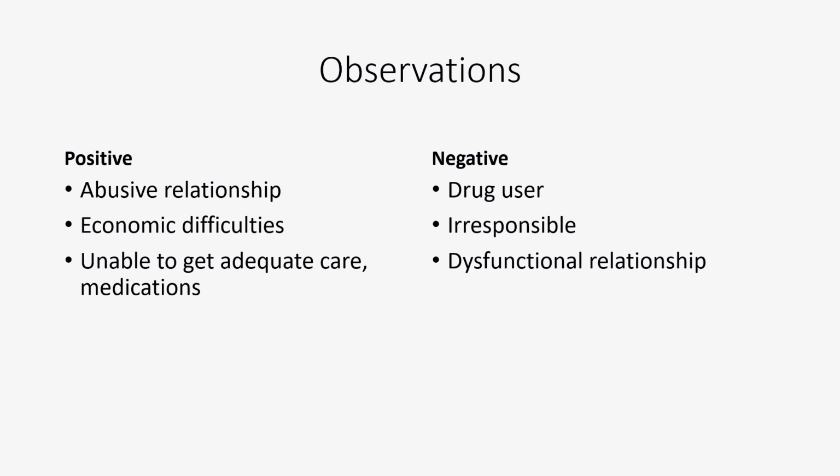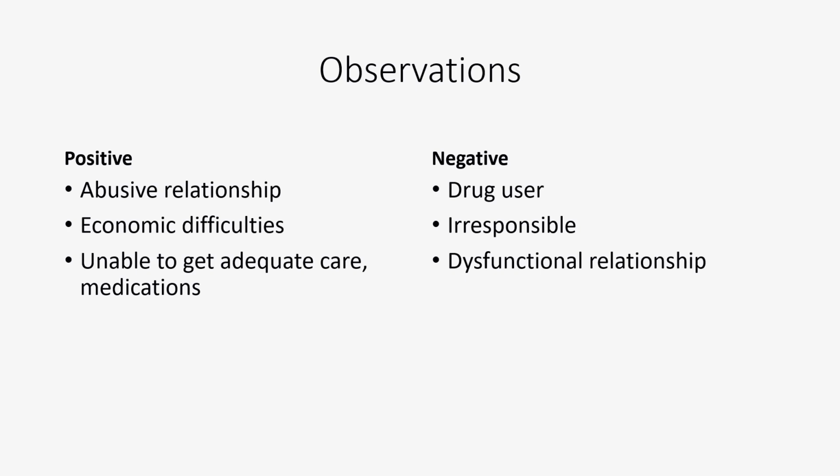About Nina, maybe we say she's in an abusive relationship, maybe she has economic difficulties, maybe she's unable to get adequate care. But we could also very quickly think about her in a negative way.